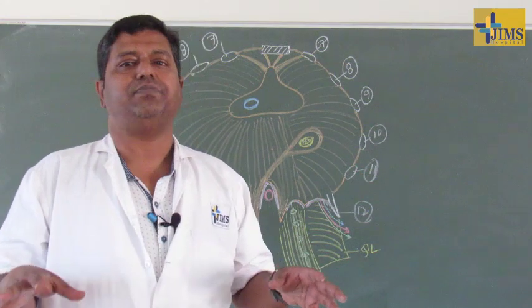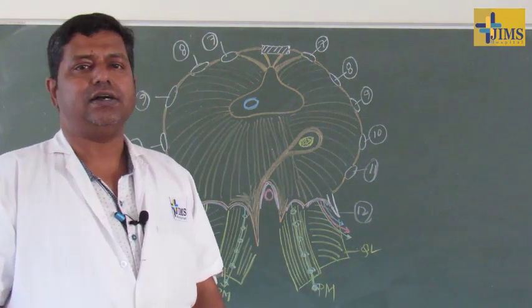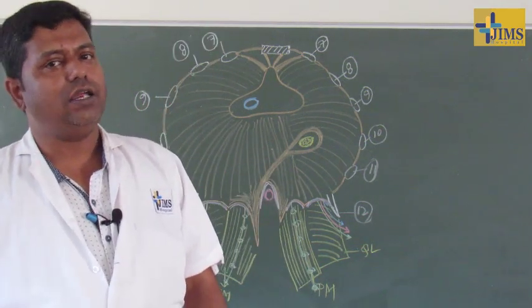This is about the sensory supply. And the sympathetic supply comes from the celiac plexus, which is not that important.